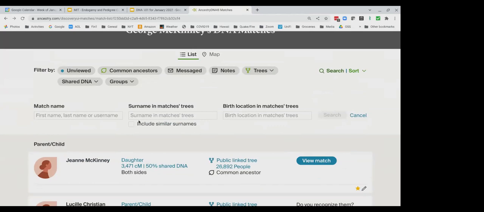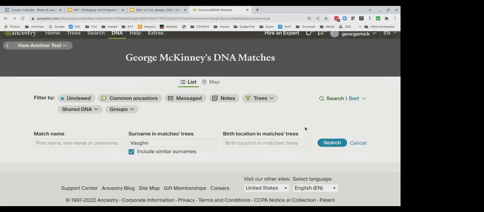Or I can search for a surname that's in somebody's tree, or a location where they might have been born. So we're going to search for Vaughn. How about a V? Okay. Now with Vaughn, I'm going to include similar surnames. That's because my Vaughn family sometimes put an A between the H and the N and sometimes didn't. So I don't know. So we're going to do that and see what we get.